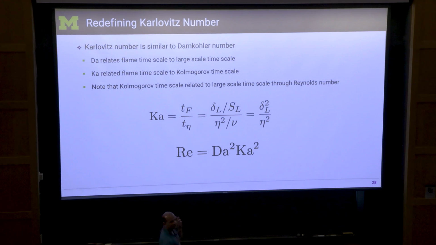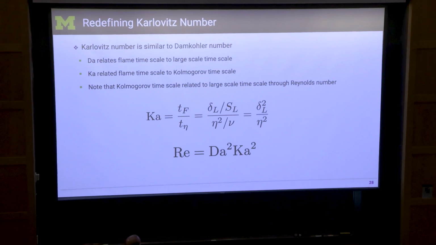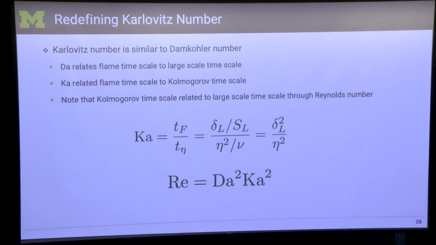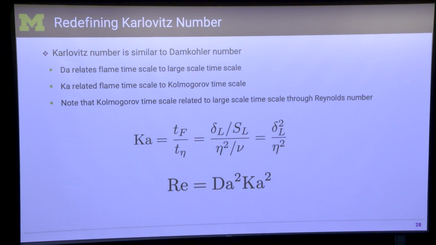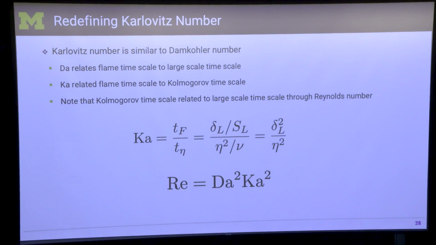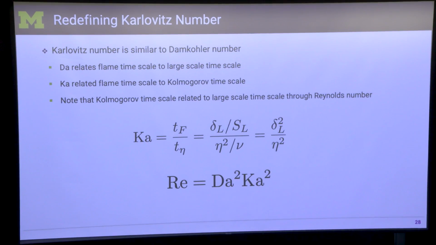So again, going through this math, you can show that Reynolds number is just the product of Damkohler number and Karlowitz number squared. So this is the main relation to get from this. So what we have done now is I introduce two additional numbers. We had Reynolds number to begin with, and now there's Damkohler number and Karlowitz number.